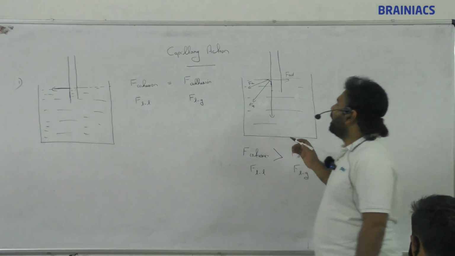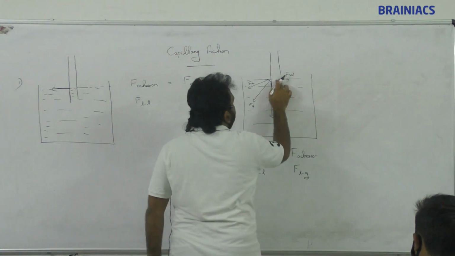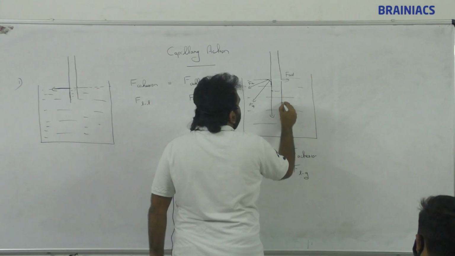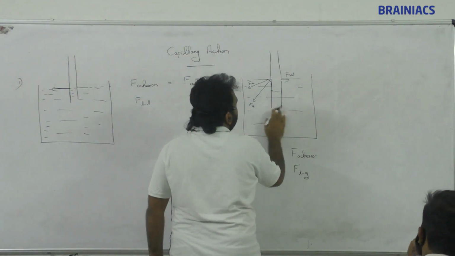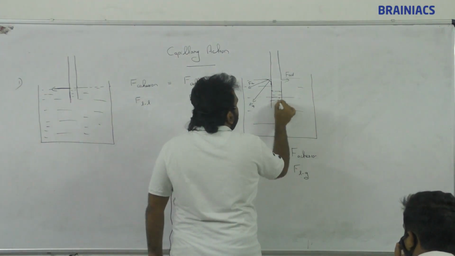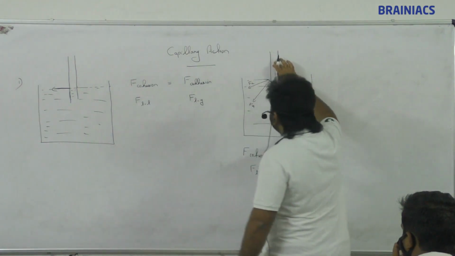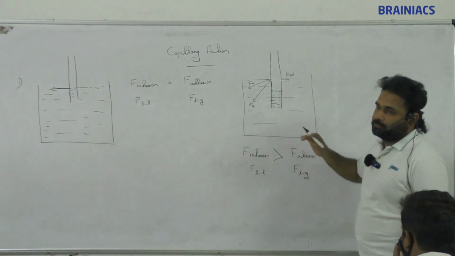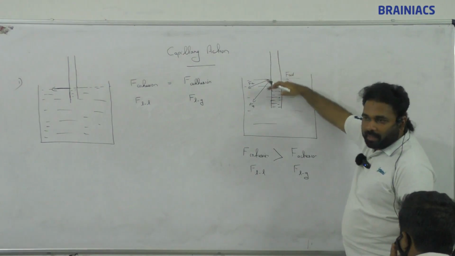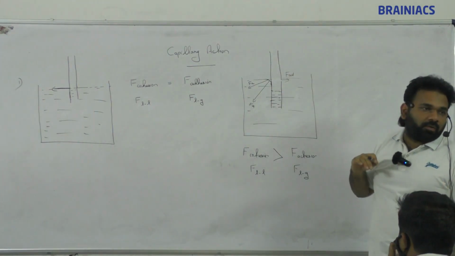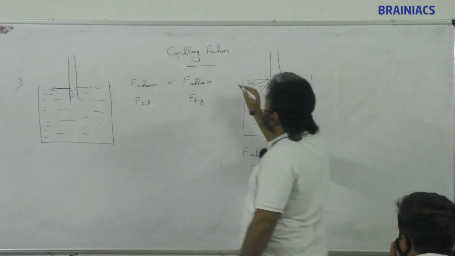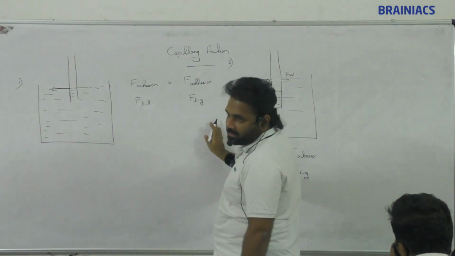Okay, then what will happen? This is going to be capillary fall. If we consider a tube like this, there is going to be capillary fall. Instead of rise, this will come down. Clear or what? Okay, so this is the second case.